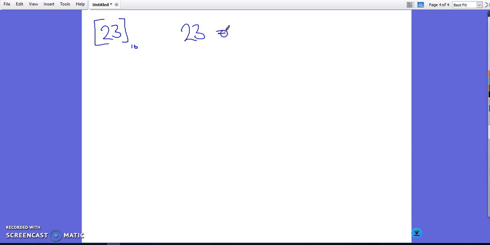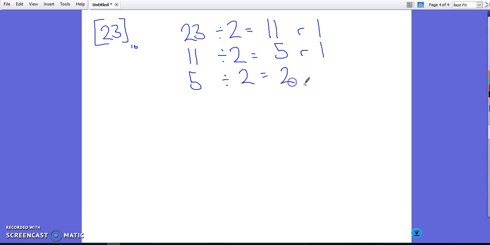So 23 divided by 2 is 11, remainder 1. 11 divided by 2 is 5, remainder 1. 5 divided by 2 is 2, remainder 1. 2 divided by 2 is 1, remainder 0. And then 1 divided by 2 is 0, remainder 1.